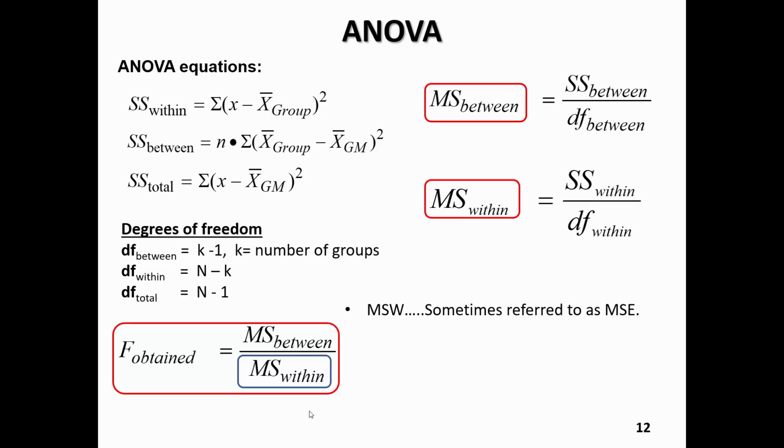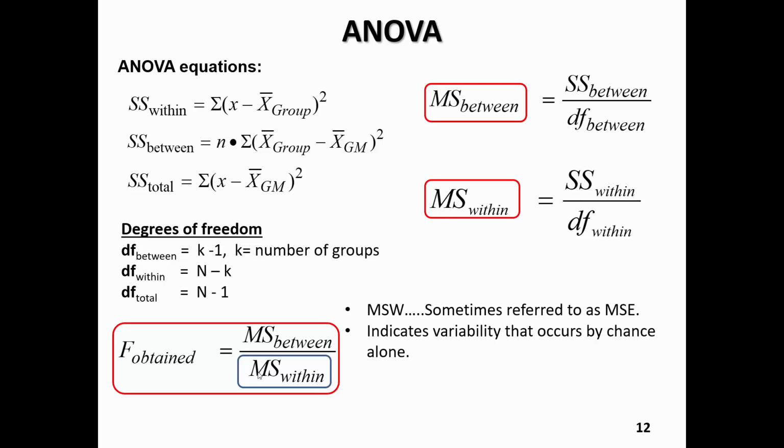And so when we take a look at the mean square within, sometimes this is referred to as the mean square error term. And in subsequent different types of ANOVA, the mean square error term is one that will be used consistently. This denominator value indicates the variability that would occur by chance alone.